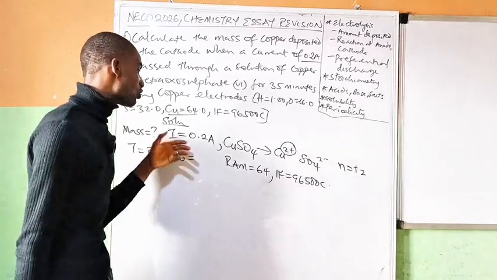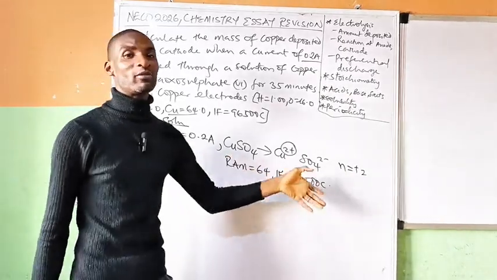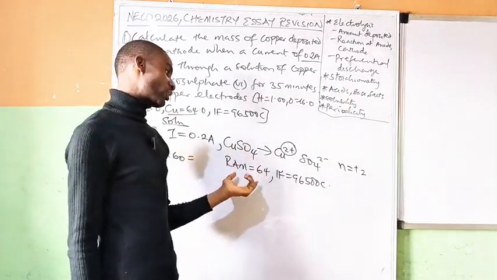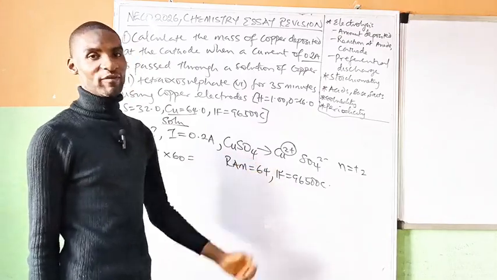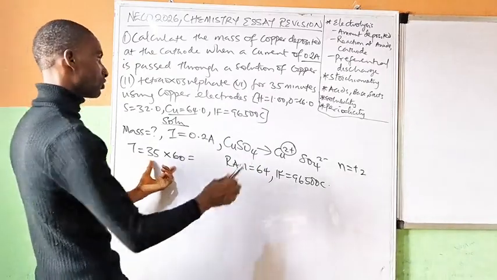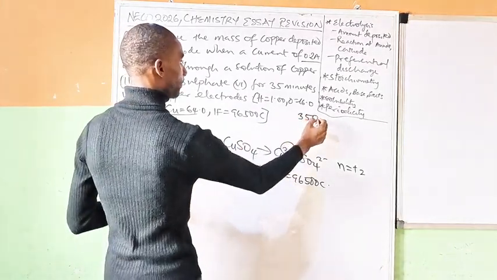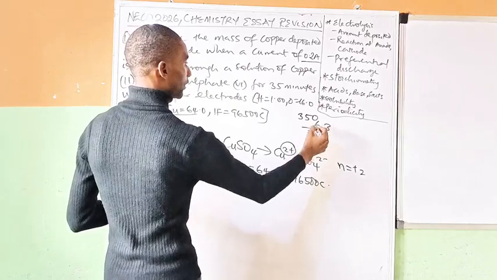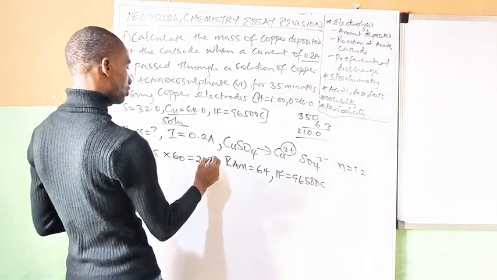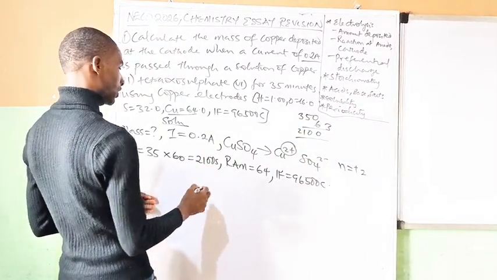Some students will go ahead calculating the molar mass of copper sulfate. You actually do not need that, right? You only need the relative atomic mass of copper, which you are being given. So if we convert this to seconds, you have 35 by 60, that is 2100 seconds.